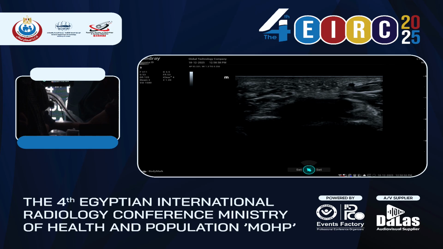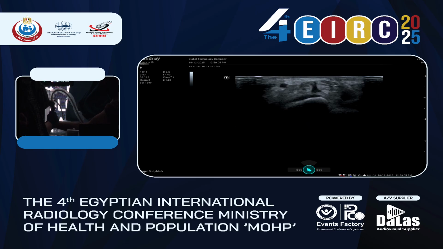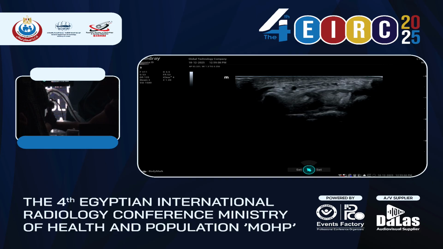And this is a motor branch. And the motor branch goes down to innervate the interosseous muscles and the muscles of the thenar. So this is the anatomy of the ulnar nerve. The clinically oriented anatomy of the ulnar nerve, which is important for nerve entrapment syndromes.